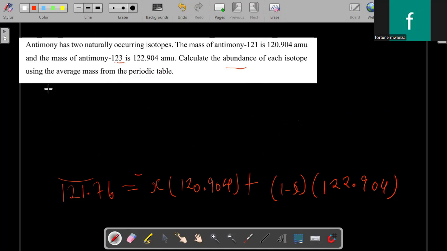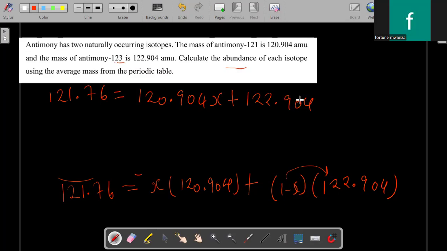So here I still have my 121.76, which will be equal to X times 120.904, so I end up having 120.904 X. Plus, I multiply the 1 times this number here, so I get 122.904.